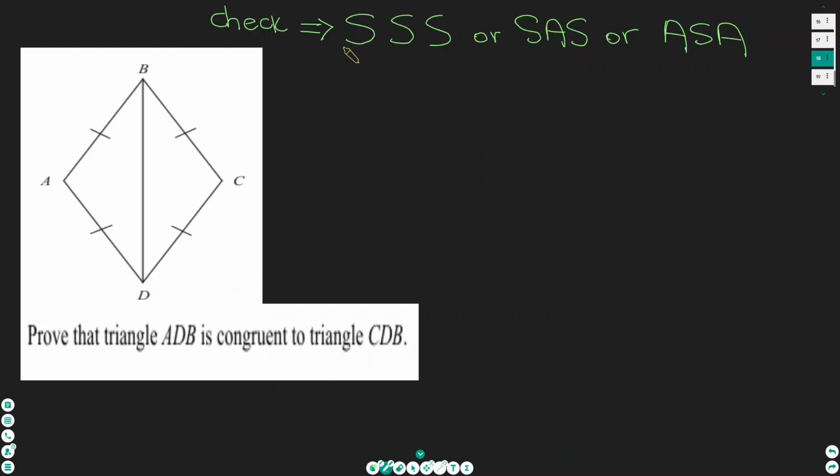So if any of these three conditions is true, the two triangles are congruent. In this exercise, we have two triangles, ADB and the CDB. And we need to check and to show that they are congruent.